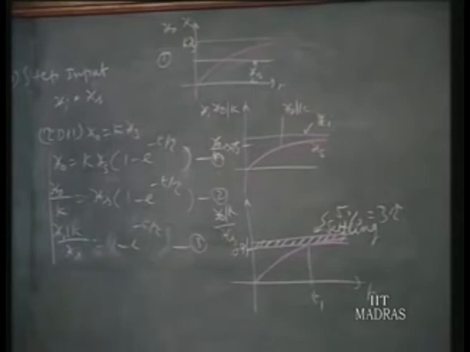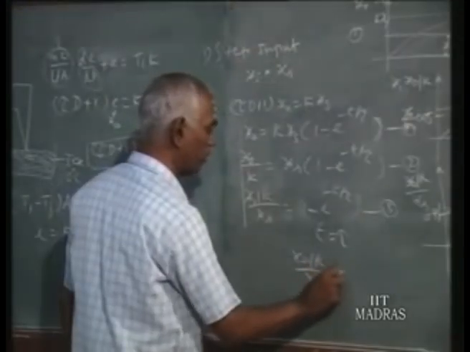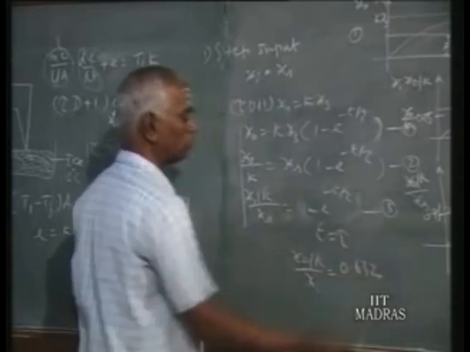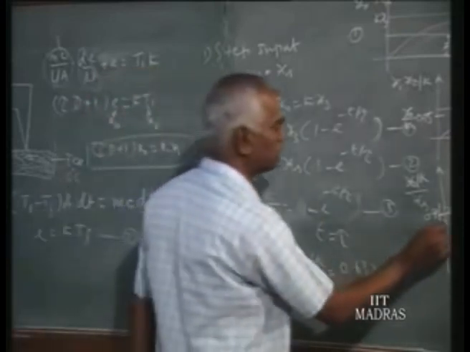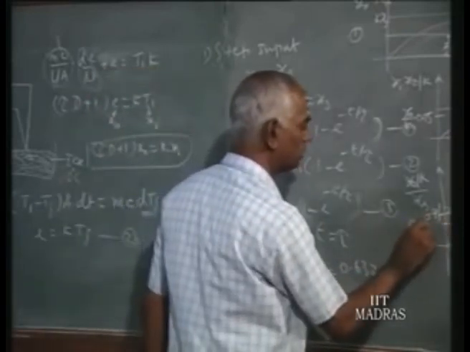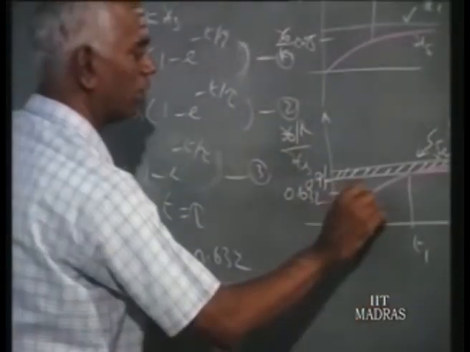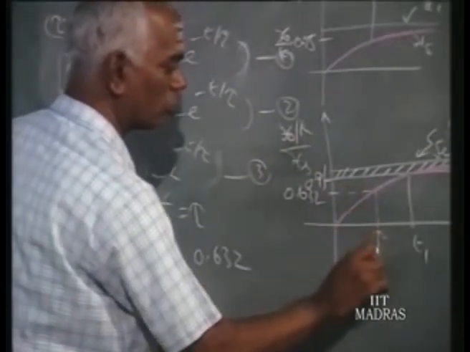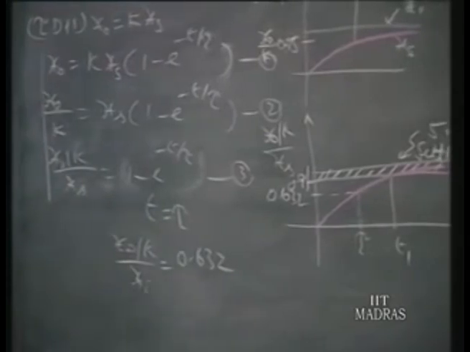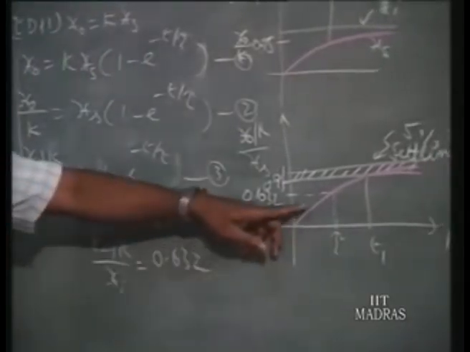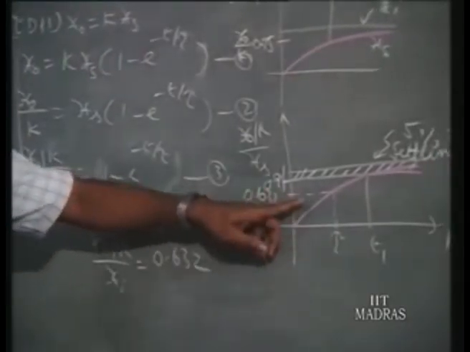When t is equal to tau, Xo by K divided by Xi will be 0.632. If the output is at 0.632 somewhere here, the time at that point is equal to tau itself. Using this property, for any first order instrument we can find the time constant.